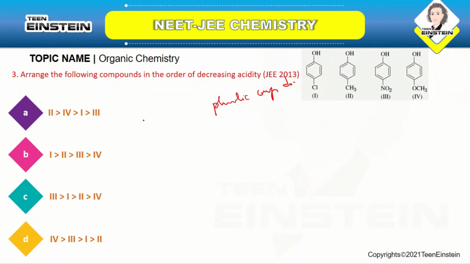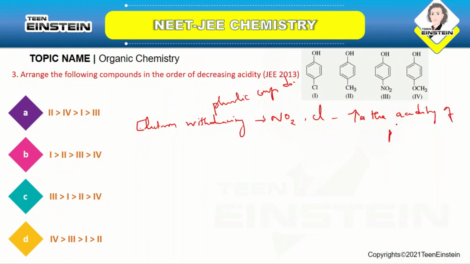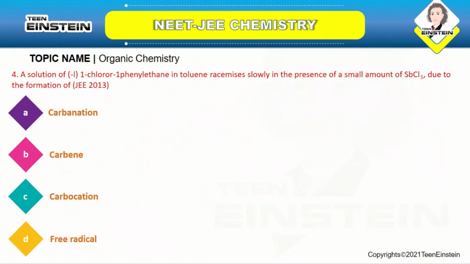Here electron withdrawing substituents like nitro and chlorine increase the acidity of phenol.